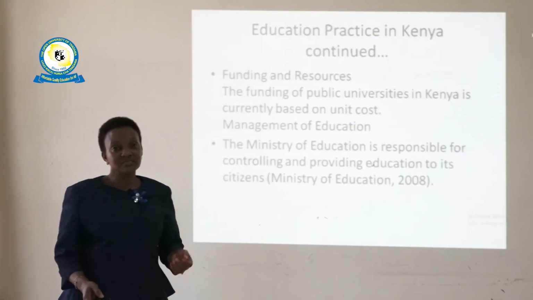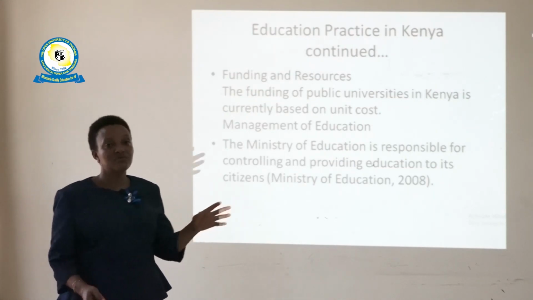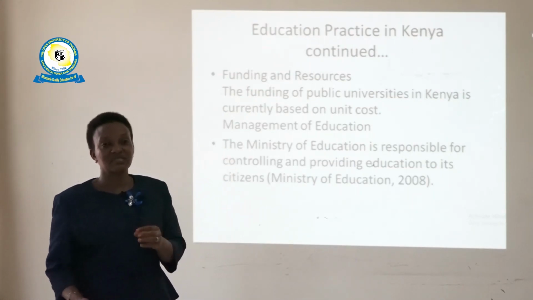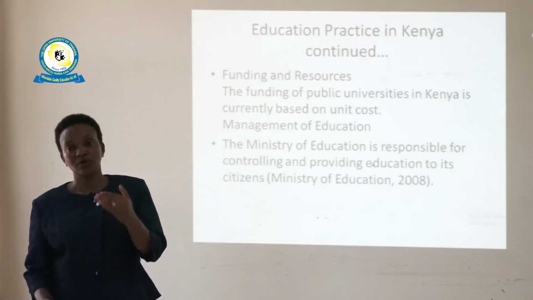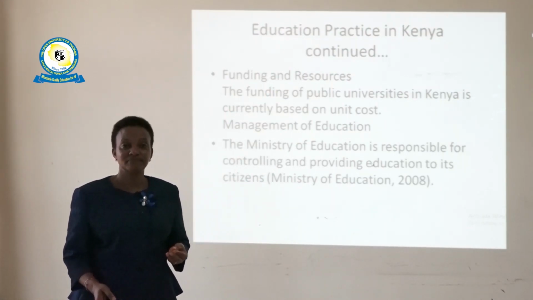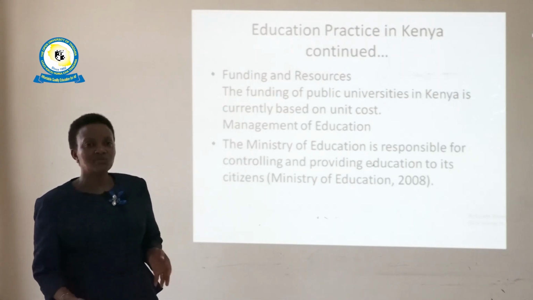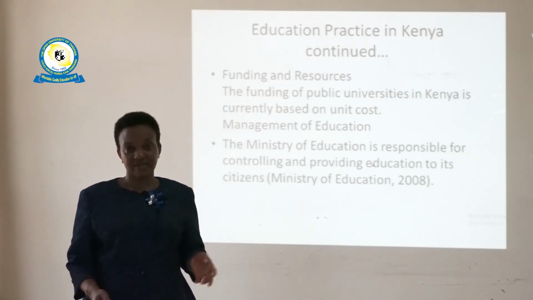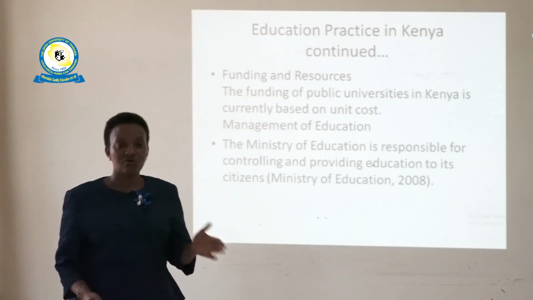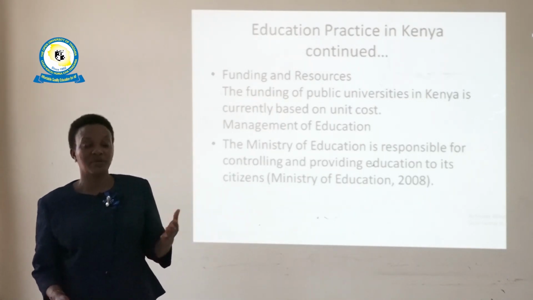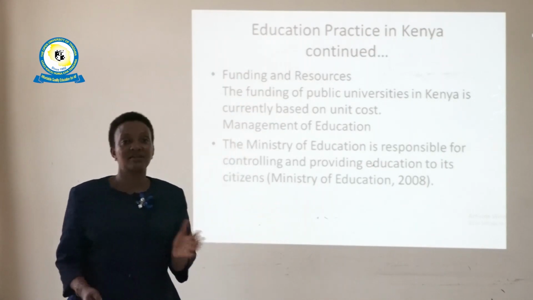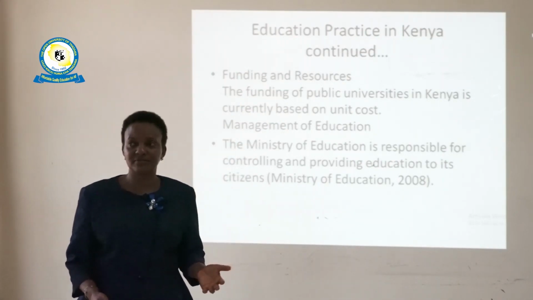Now, my dear students, after we have gone through the education systems of a few developed countries and a few developing countries, I'm sure you're now able to make an analysis, to go through the education system of your own country and the education systems of other developed and developing countries.